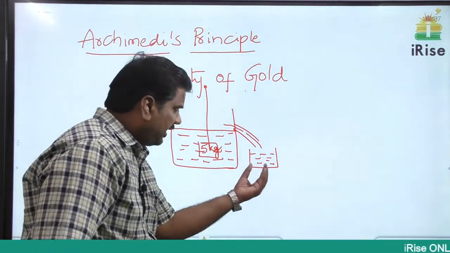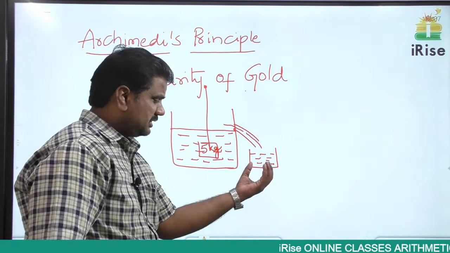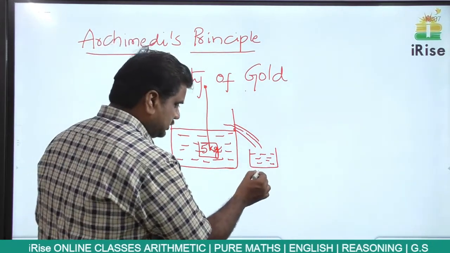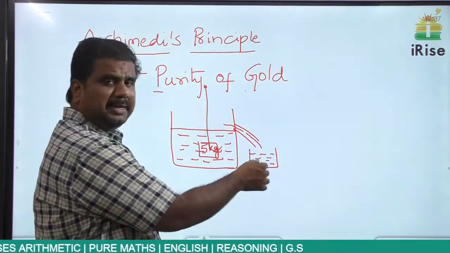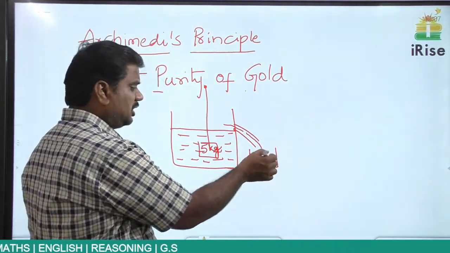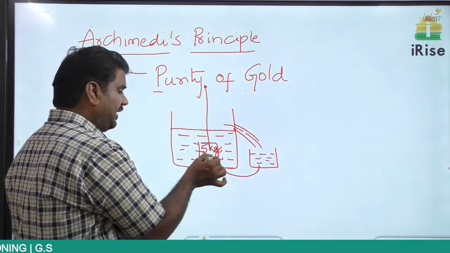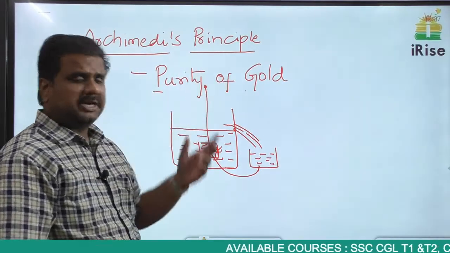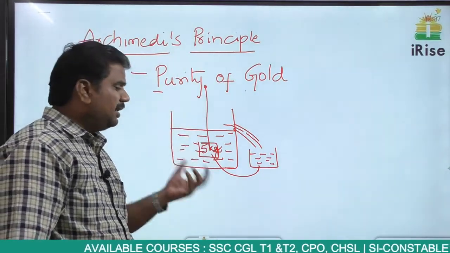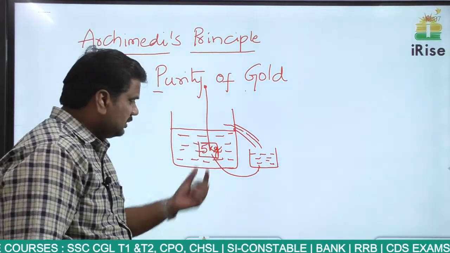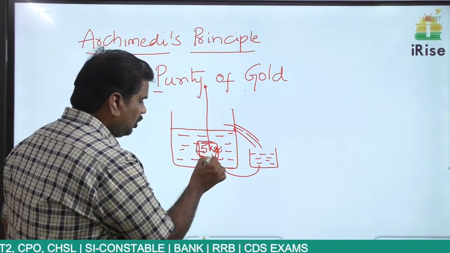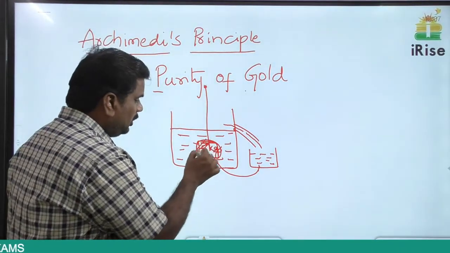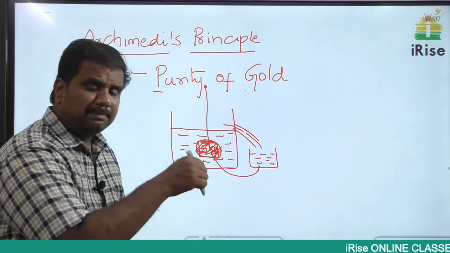If you measure the weight of the water which is collected in the next beaker, the weight of the water that is displaced, it is equal to the weight of the object that is immersed in water. So Archimedes principle states that whenever an object is immersed in water, it will displace an amount of water which is equal to the original weight of the immersed stone.